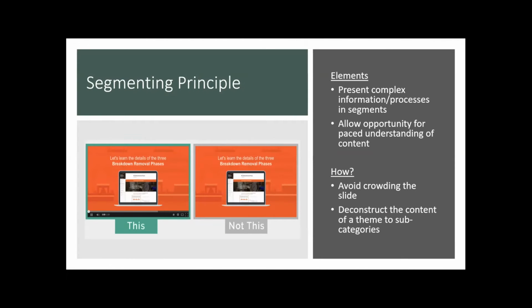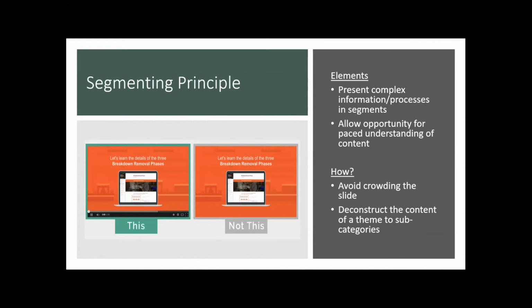Segmenting principle. Now, as I mentioned earlier, you can't escape from scenarios where you actually have to present a complex process or a series of parts of information that form the explanation to something that's sometimes quite difficult to understand. What you need to do then is deconstruct it into smaller components, right?